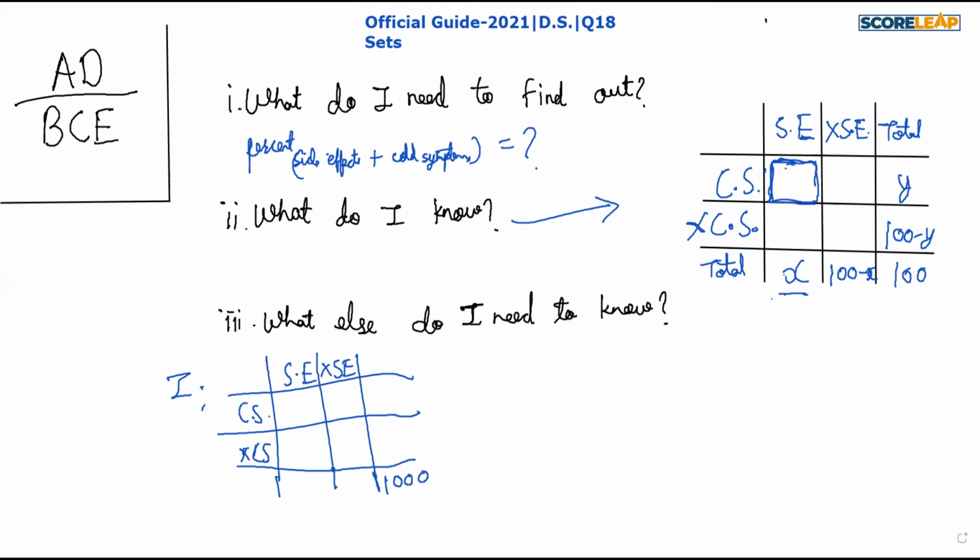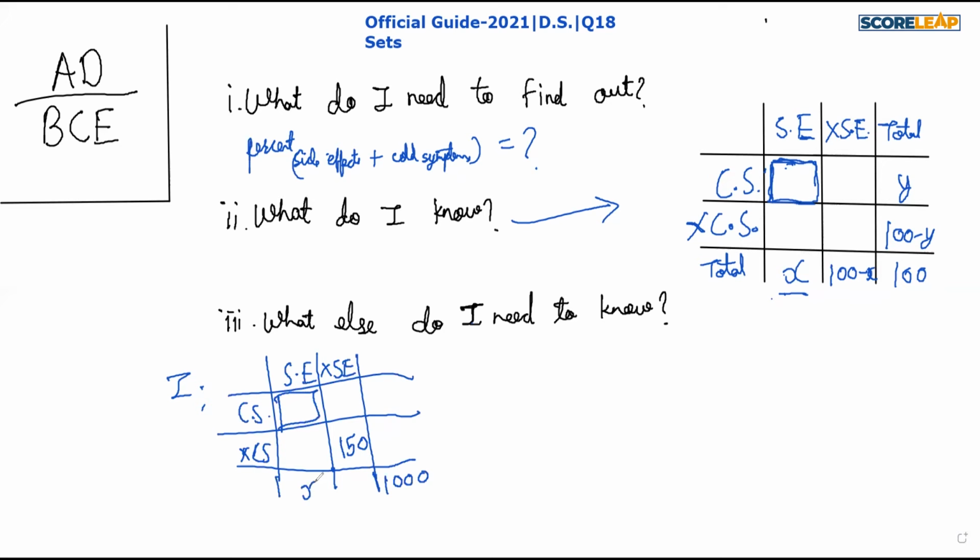Out of 1000, 15% experienced neither side effects nor cold symptoms, and 15% of 1000 is 150. Our target value is this one.